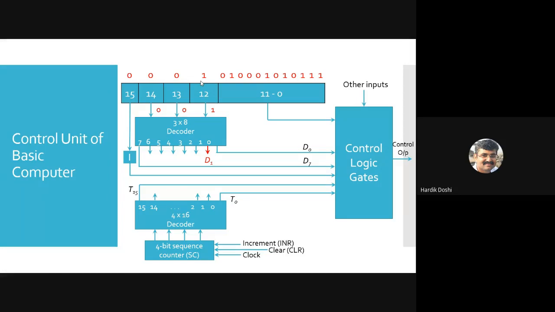Add. Absolutely correct. Add instruction. 0001 means the hex code is 1 and it is the add instruction. So can I say whenever the add instruction comes, the D1 line will be 1? Yes, sir. Are you getting my point now?